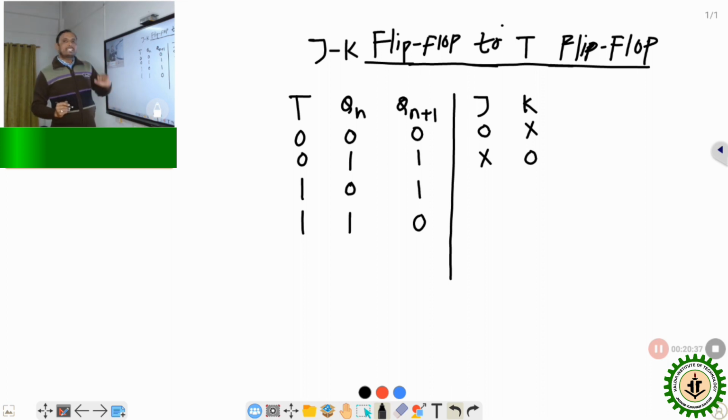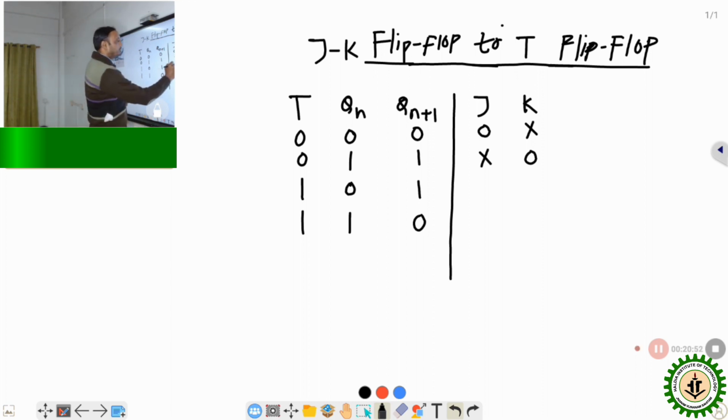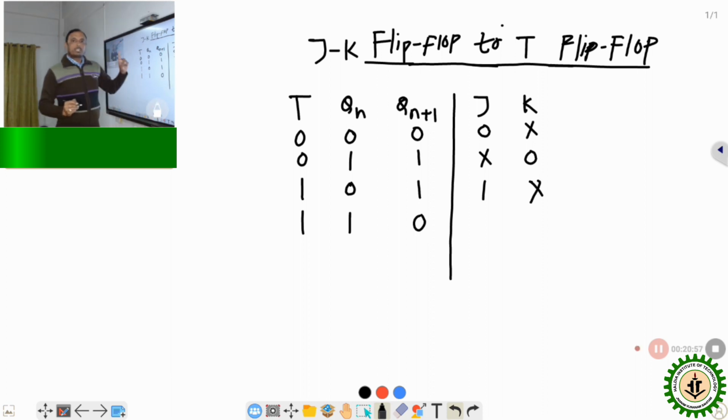That is, for that case when J and K both will be 1, output will be opposite, or for that case when J equals to 1, K equals to 0. That means K either be 0 or be 1.